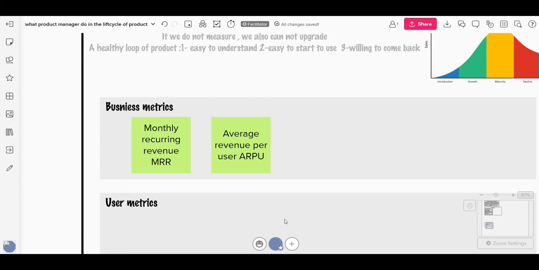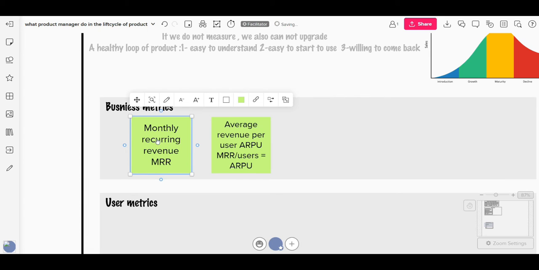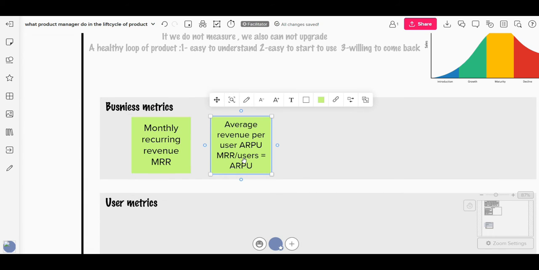This metric is normally used to define future service revenue and can also be used to change the pricing plan. How do we get the ARPU? It's monthly recurring revenue divided by the total number of users. We can use these two metrics to measure the health of the company.